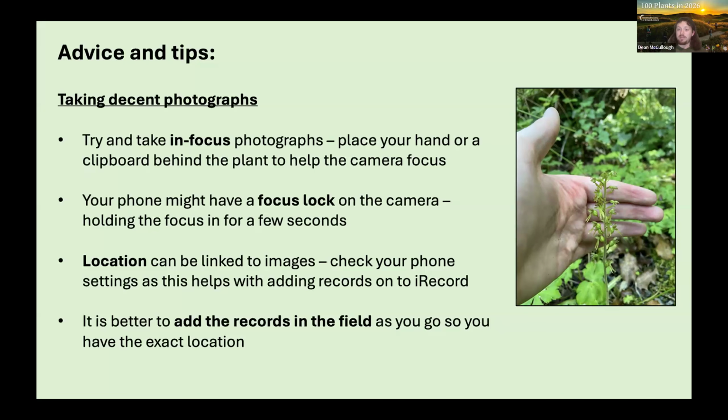So you find 50 plants in your kitchen, which is probably unlikely. So just have a look at that. As I said, it is better to add the records in the field as you go, but everyone works differently, and that's okay. But an exact location obviously is something that you want to have. So that's taking decent photographs and aspects of location.